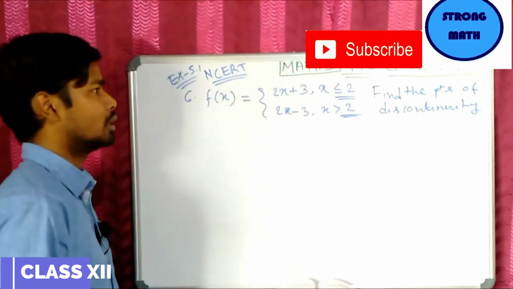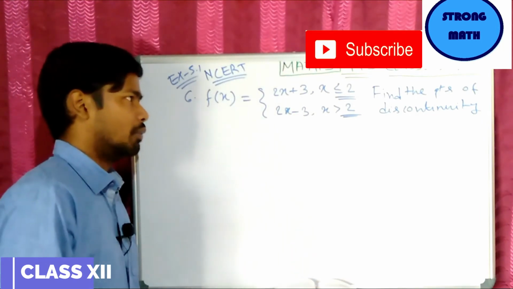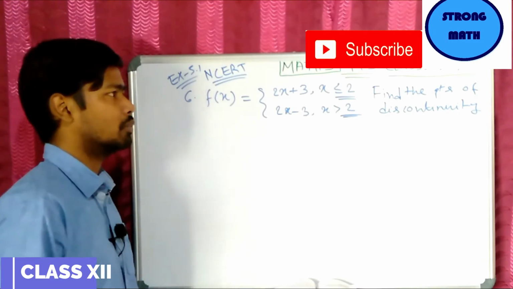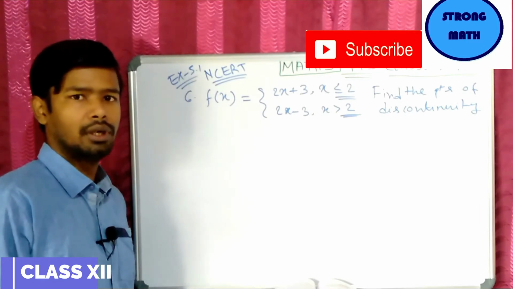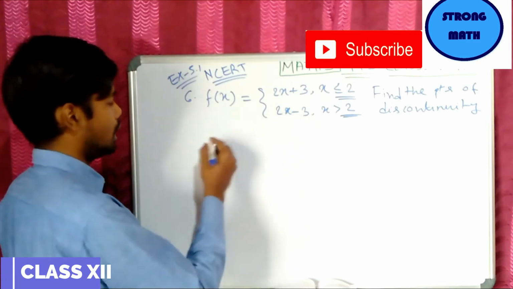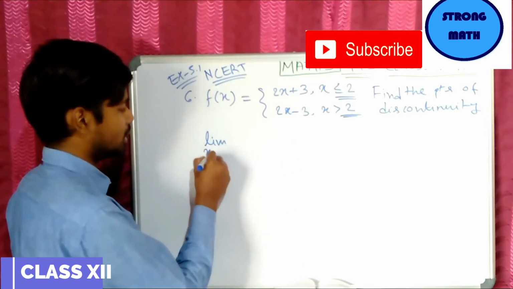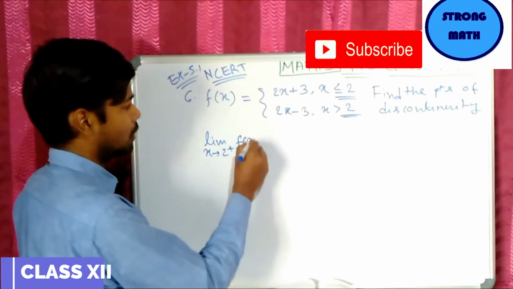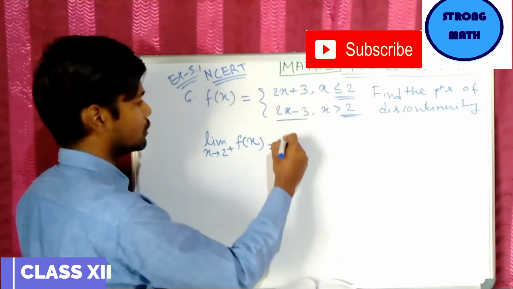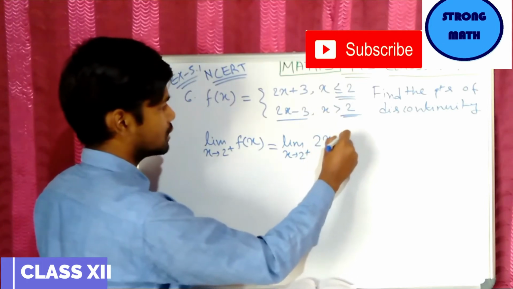So remember, if no point is given and we have to find the points of discontinuity for this type of function, we have to check the continuity at that point. So here we have to check the right hand limit, so limit x tends to 2 plus f of x. The right hand side of 2 gives us this function, so limit x tends to 2 plus of 2x minus 3.